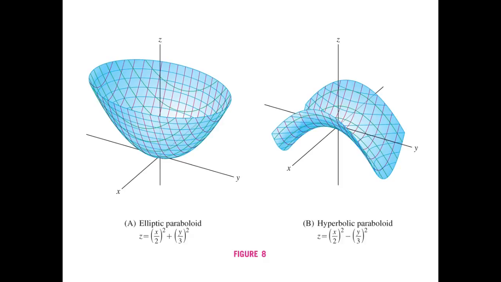But your horizontal traces, when z is constant, that's your hyperbolas, and showing that is here, the blue ones.